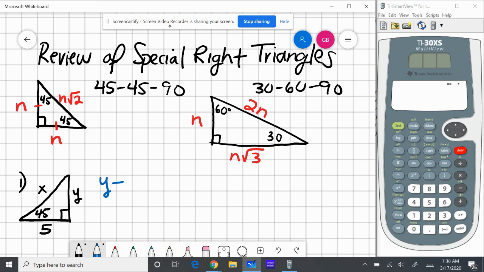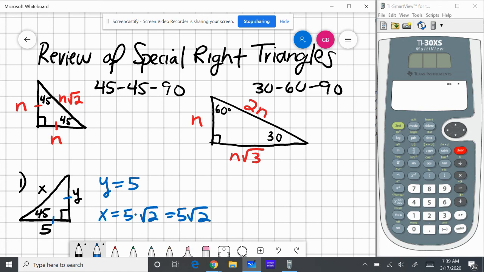Then y also has to be 5 because these sides are congruent. And x is 5 times the square root of 2. So basically 5 square root 2. For these problems, for today, I want you to give me both the answers in radical form, simplest radical form, and also rounded to the nearest hundredth.